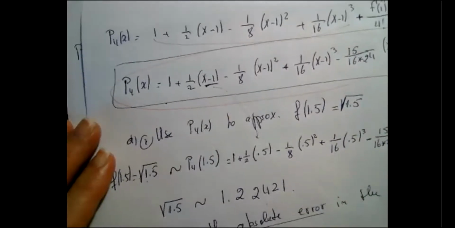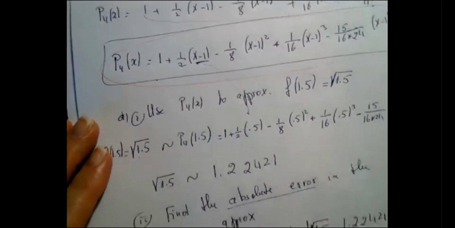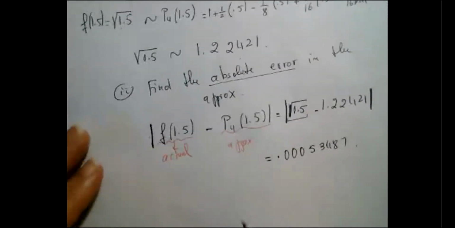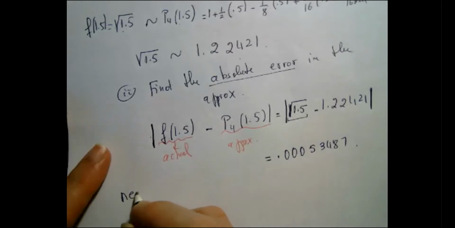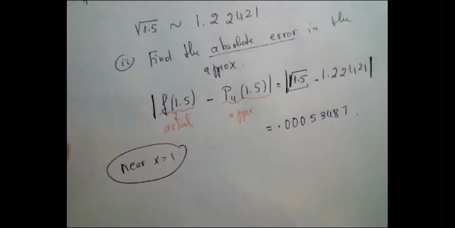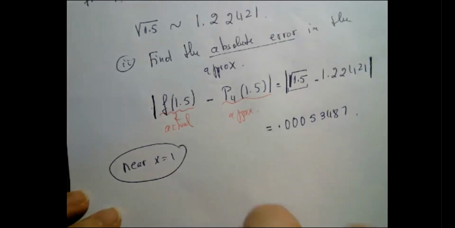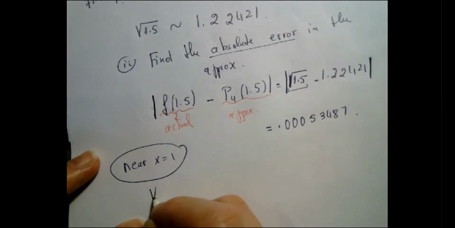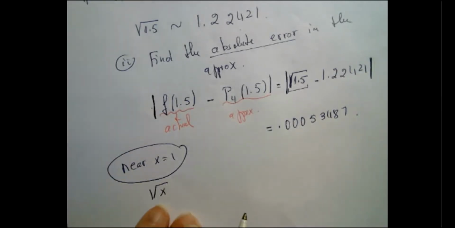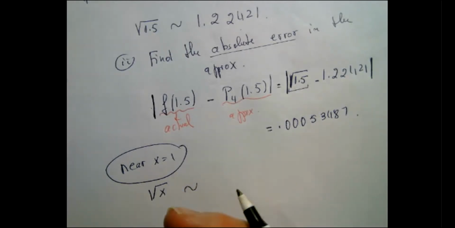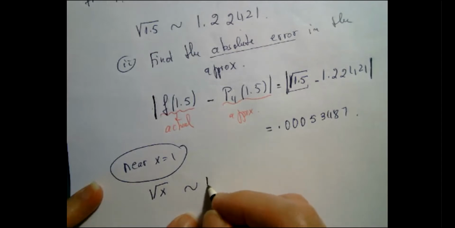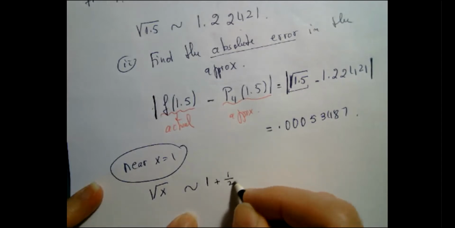So the way physicists will use this is in the following context. They will say the square root of x near x equal to 1. That's how, in real math, they use it. The square root of x is a very complicated function, so instead of looking at it as a square root, I can approximate it by lines.